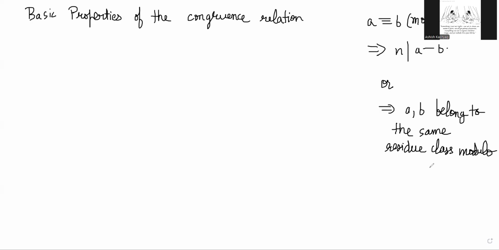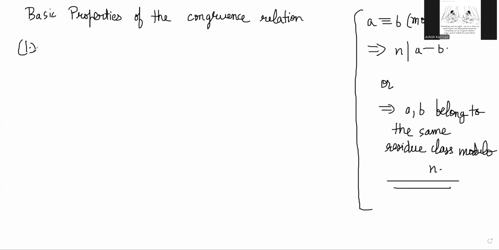I hope these definitions are obvious by now. So now that we know this congruence relation, we will define some basic properties. The first property is that the relation is reflexive. This is the reflexivity property.